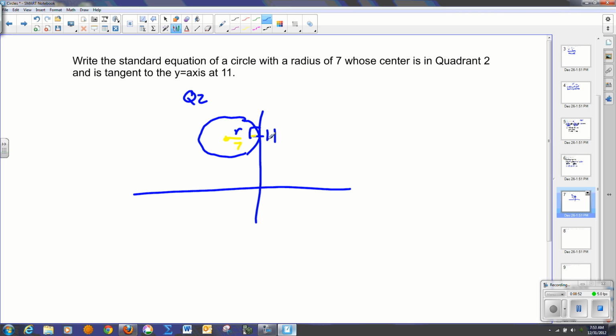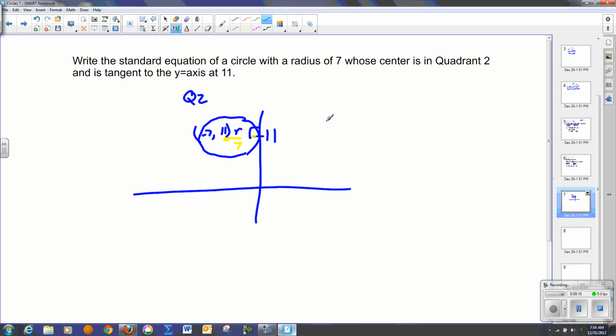So therefore I know the y value of my center, which is going to be 11. I also know, since it's going across at a straight line and my radius is 7, then that puts me at negative 7 over. So negative 7 and 11 is my center.